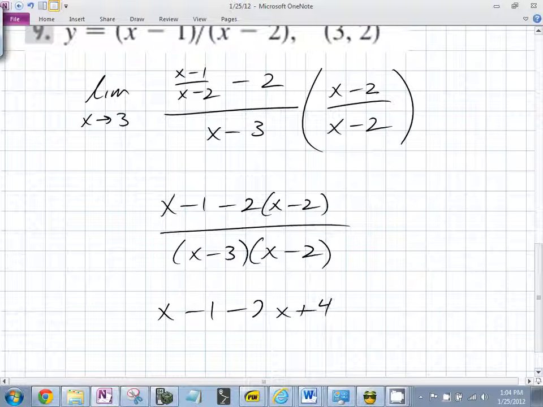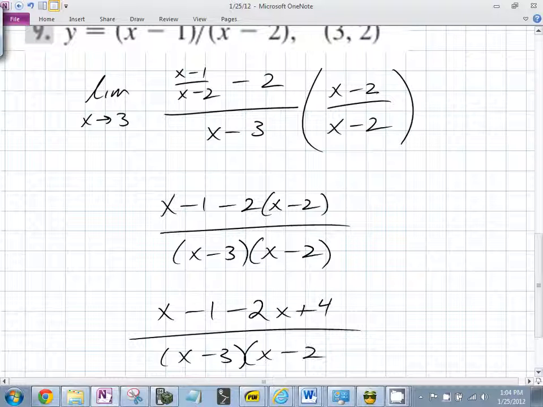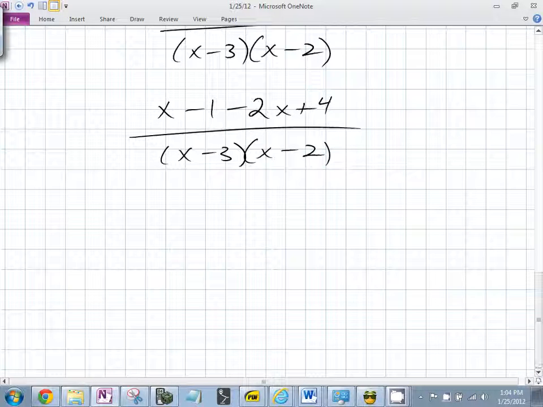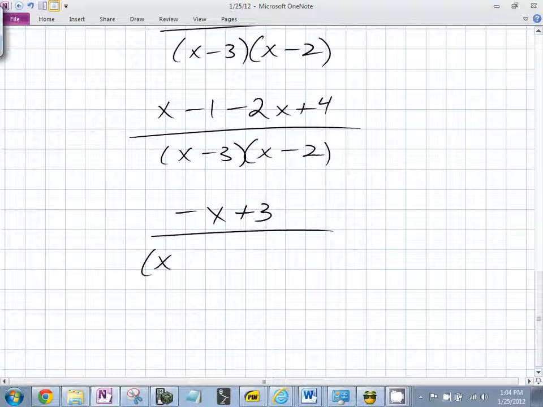Yes, much easier. Do you multiply out the bottom? No. You want it in factored form. Because what do you end up with? You end up with negative x plus 3. Is that what you want? Almost what you want, right? Factor out the negative, it turns into negative x minus 3.